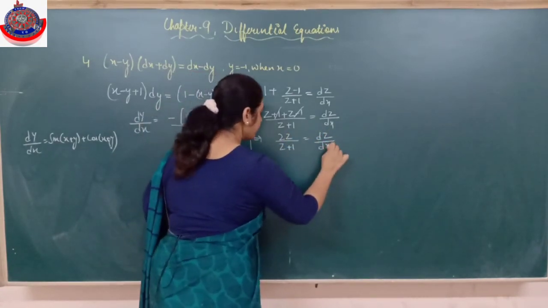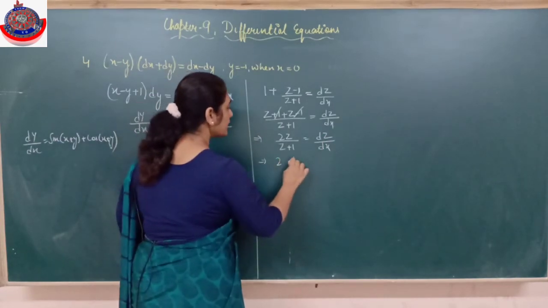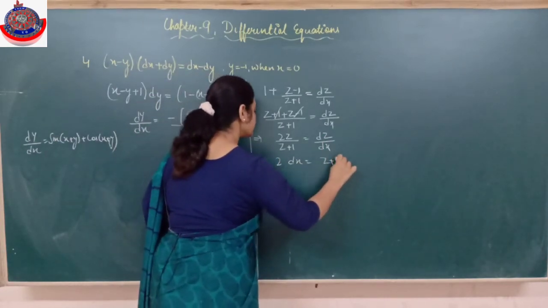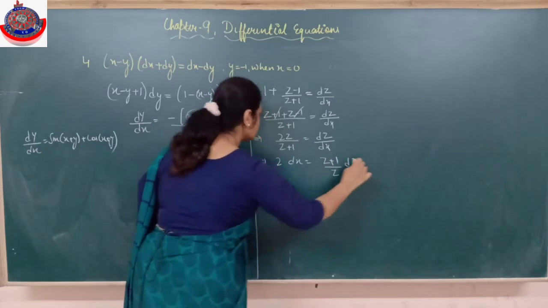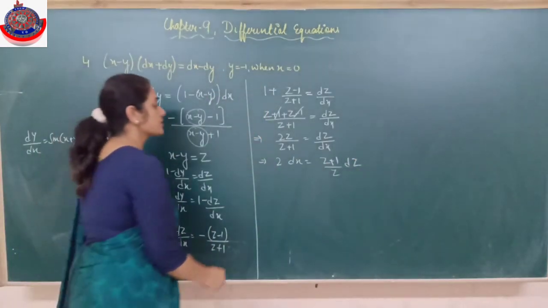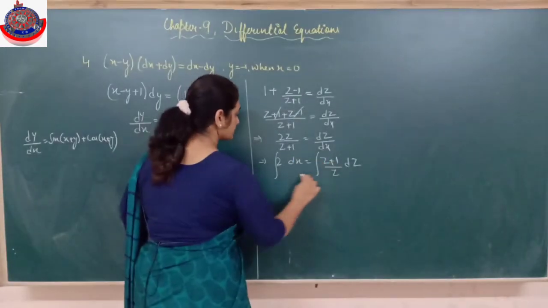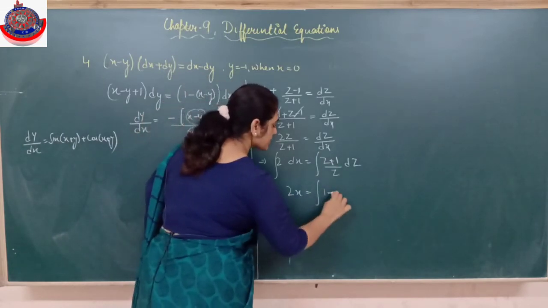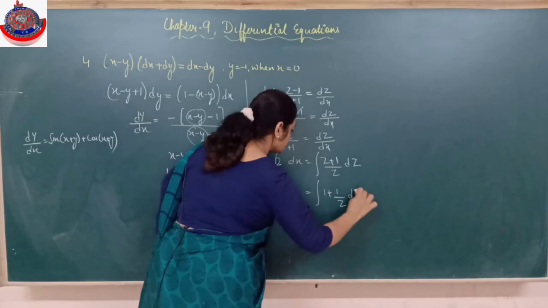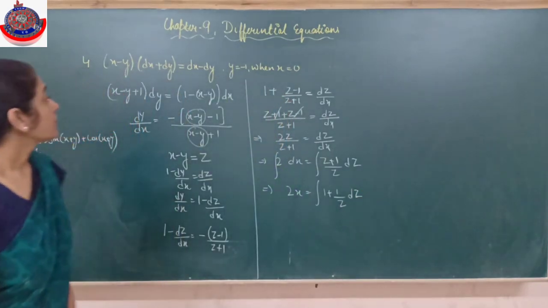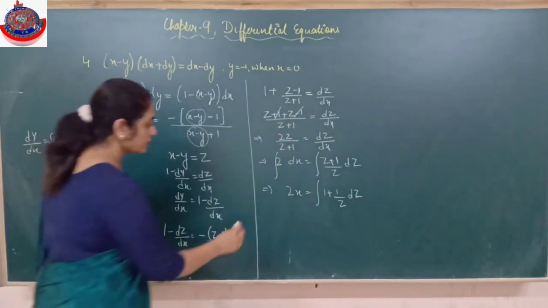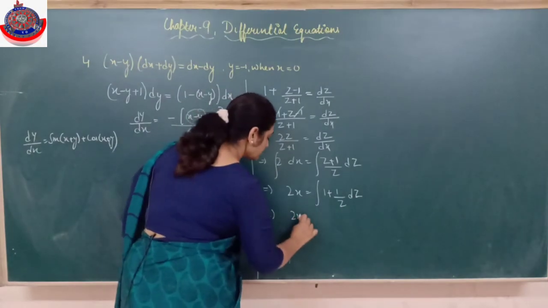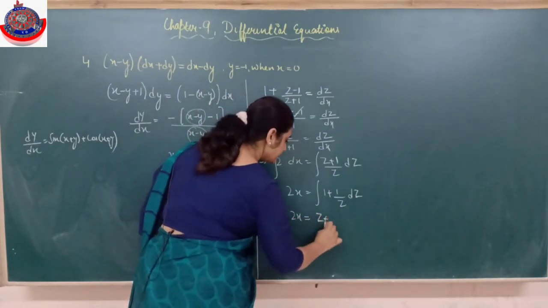Now segregate the variables. 2 here, dx here will come. Integrate. This is 2x. I'll split. Alright. Z.